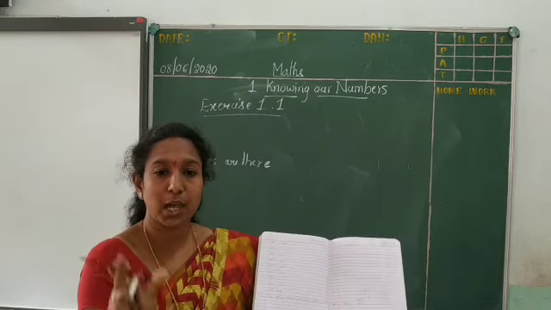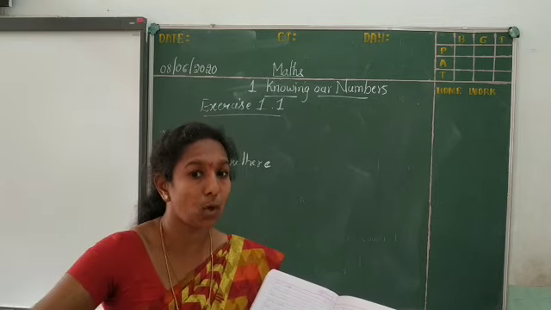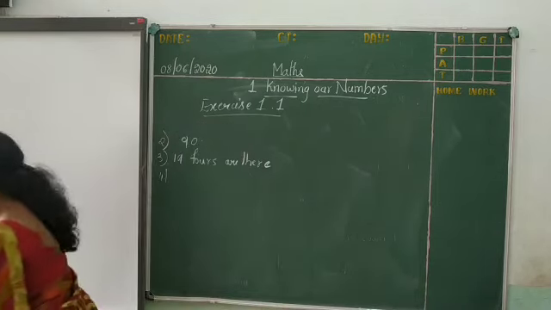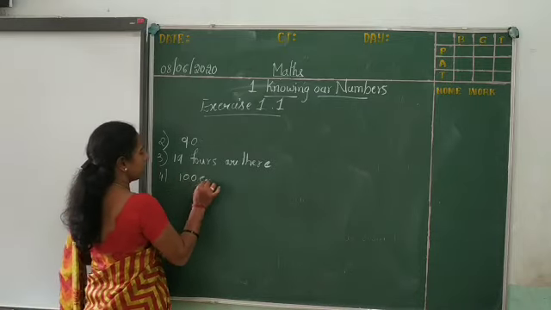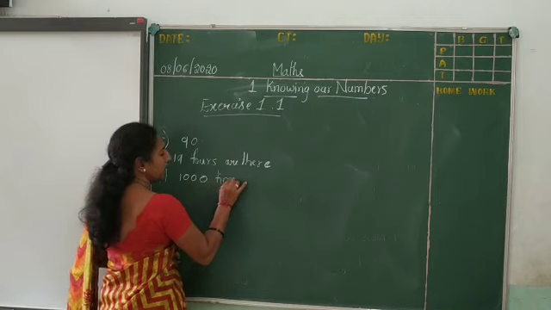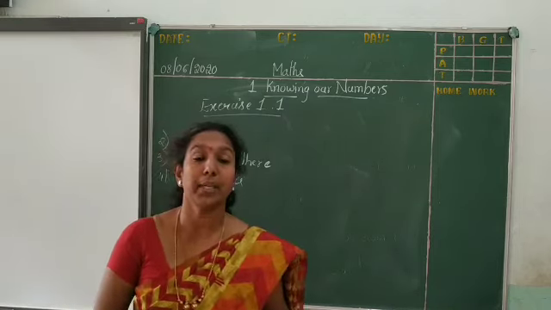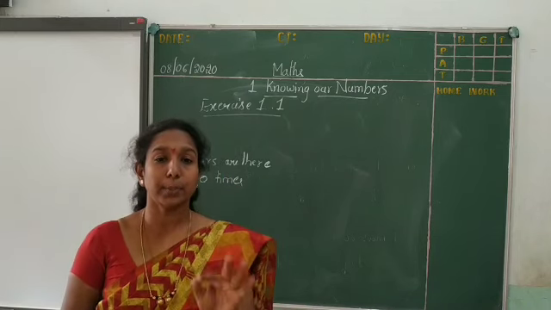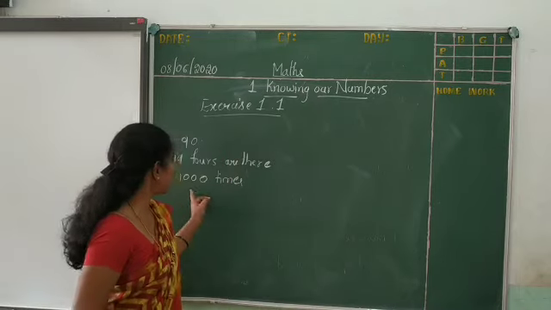So in each 1000 you will get 100 numbers. So up to 10,000 means how many? There are 1000. 1000 times the 3 will come in the 100s place. That is important here. 3 will come in the 100s place only. How many times?